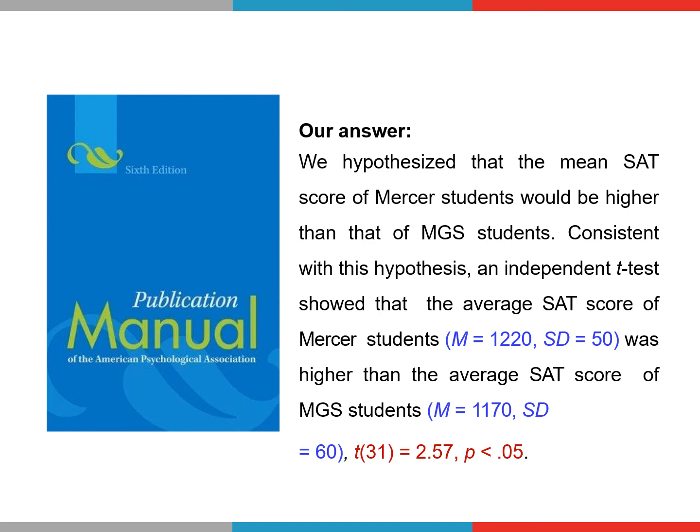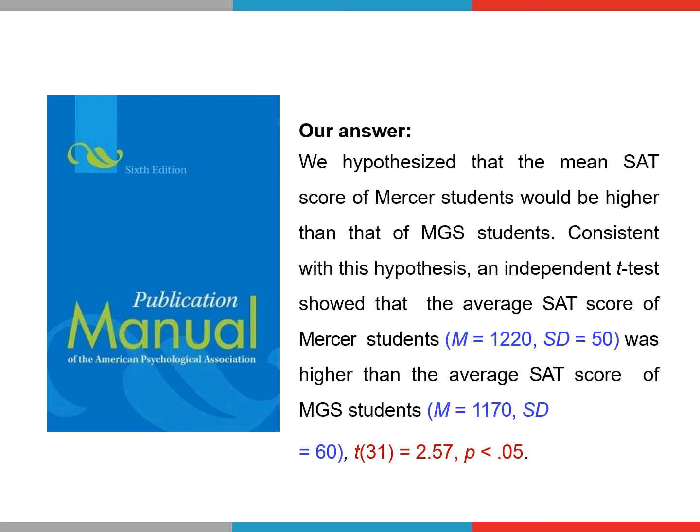So we have to tell people that the mean SAT score of Mercer students was 1220, and we also want to include the standard deviation, right? And note that both the sample mean and the standard deviation notation are italicized. So an independent t-test showed that the average SAT score of Mercer students was higher than the average SAT score of MGS students. And again, we're reporting the mean and standard deviation for that sample.